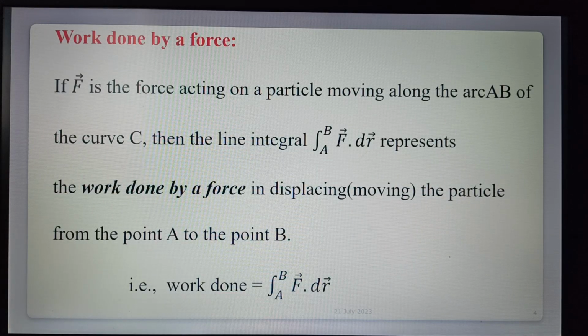The next one is circulation. Circulation is also a line integral, but the given curve is a closed curve; the integration of the vector field along a closed curve is called circulation.